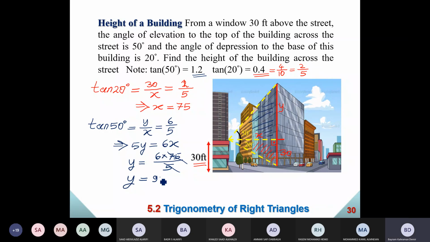All right. So we have the y value as 90. We got 90 feet, and we also have 30 feet here. The total height is what, Shabab? 120, exactly.